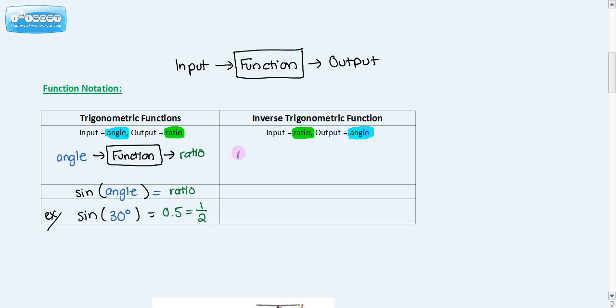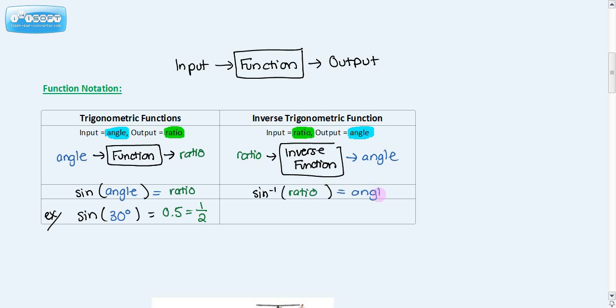So if I put my ratio into my inverse function equation, it should spit out my angle for me as my output. So if I do the sine inverse, remember, of a ratio, I should be able to get my angle back.